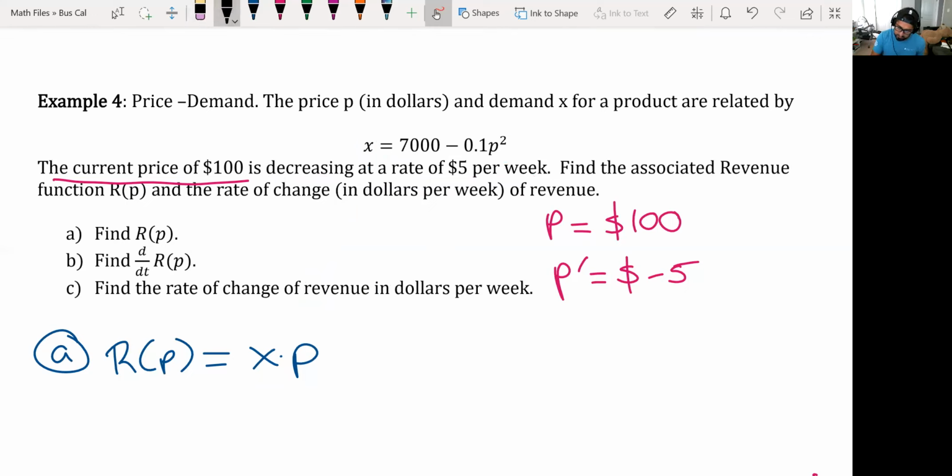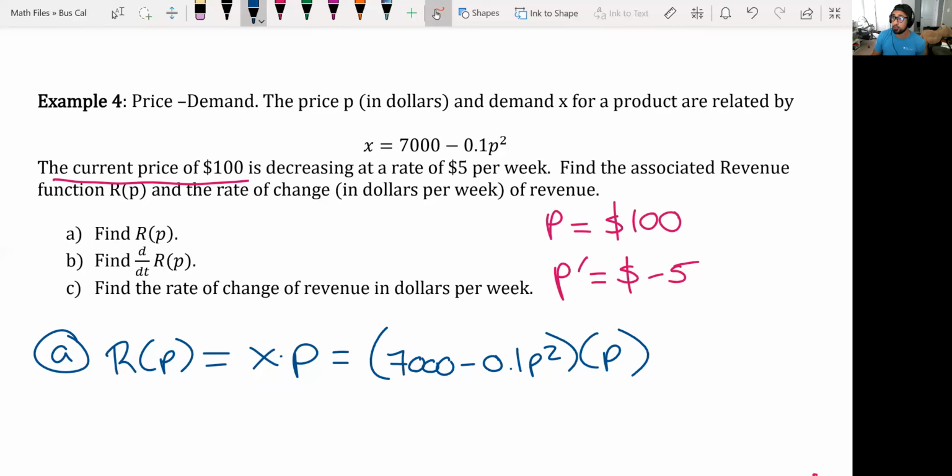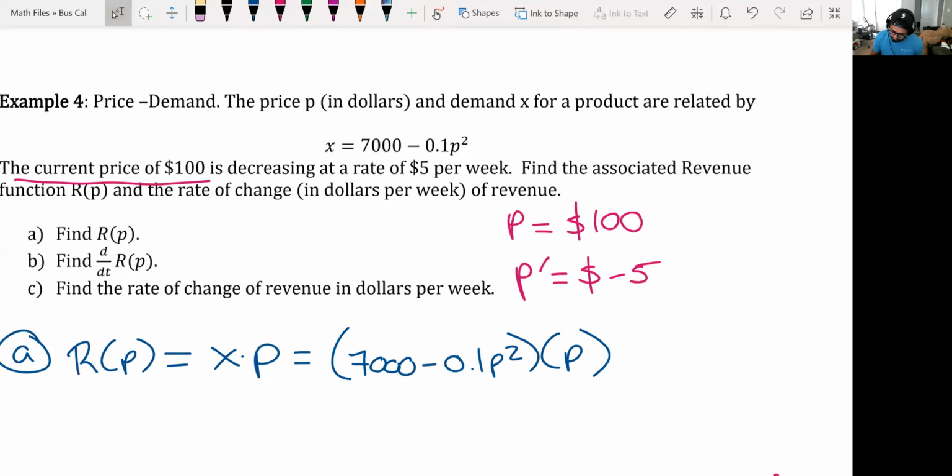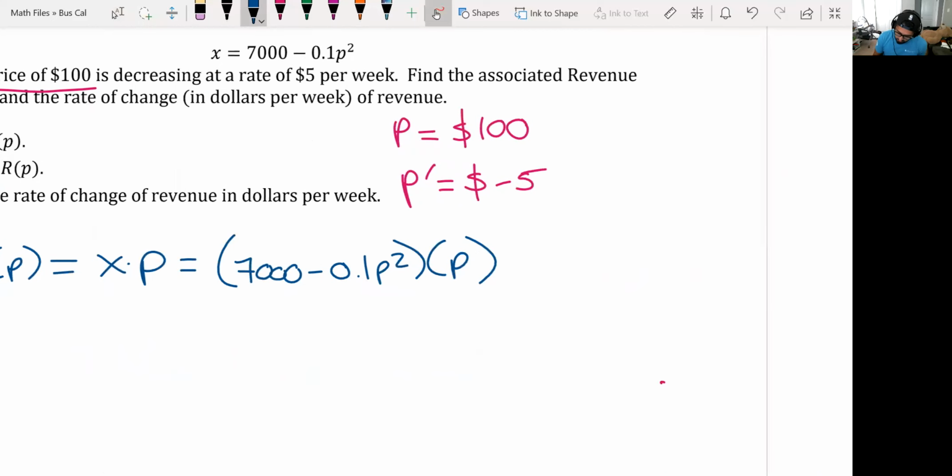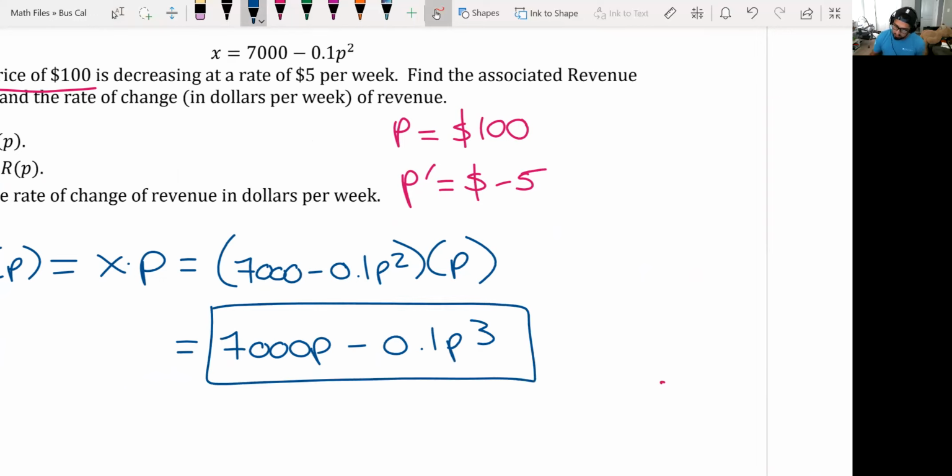So what this becomes is parentheses 7,000 minus 0.1 P squared times P. Now just go ahead and distribute the P, and step A is done. We'll get 7,000 P minus 0.1 P cubed. This is our revenue function.